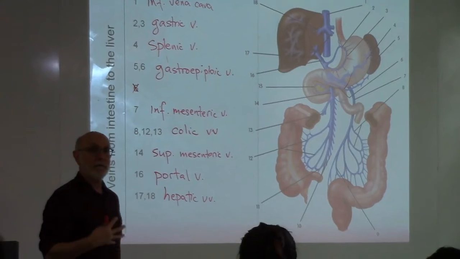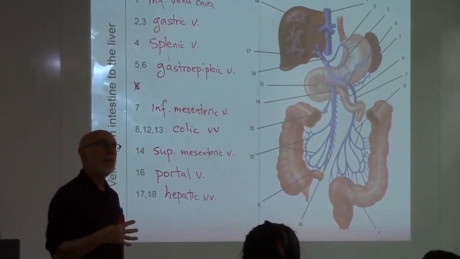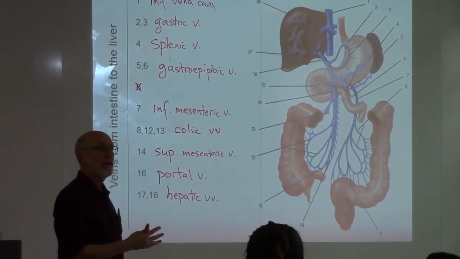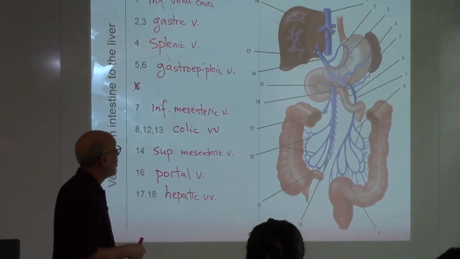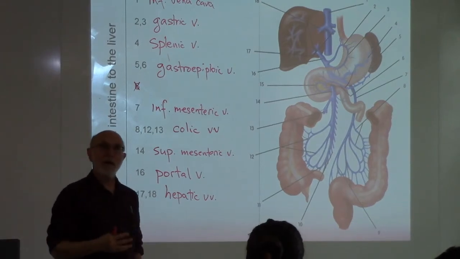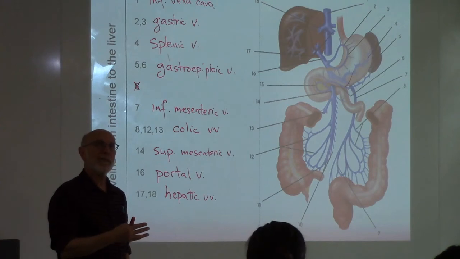We're taking venous blood from the intestines to the liver. Well, most of this is taken. So the portal vein brings venous blood from the intestine to the liver.